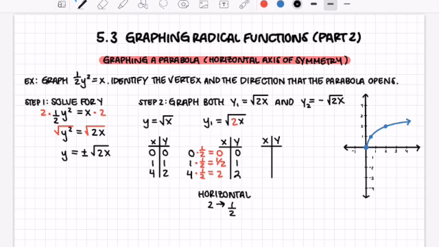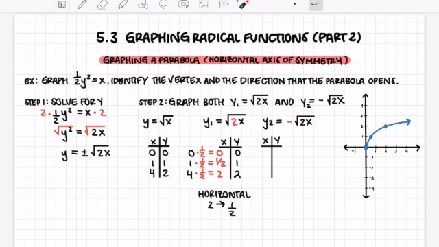The next equation we have is y2, where this time not only do we have a horizontal shift or stretch, but we also have a negative sign. Since we already have y = square root of 2x, I just need to multiply by negative 1.